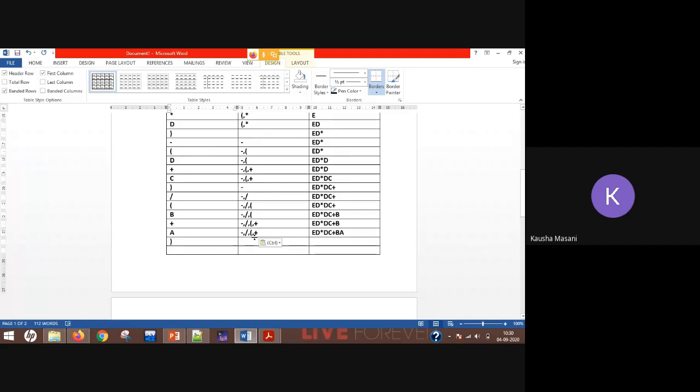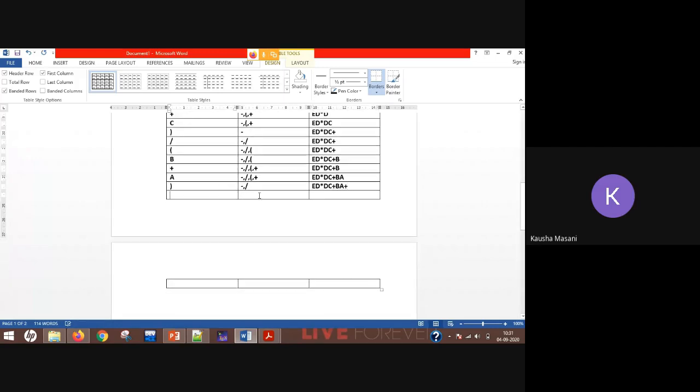Now your closing parenthesis, so plus will be removed, only thing remaining will be minus and divide, and this expression here and plus. Okay, now nothing to be scanned, so one by one you are going to pop out. So this expression plus, then divide and minus.